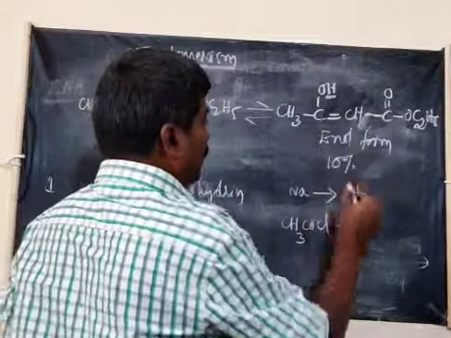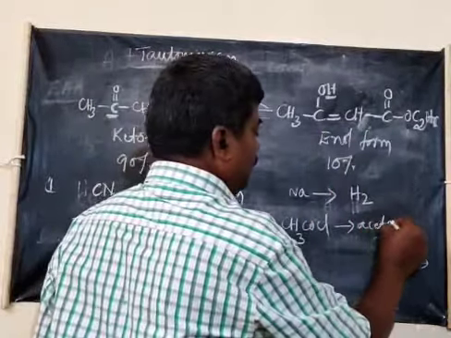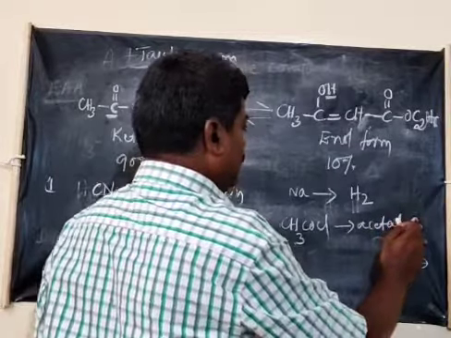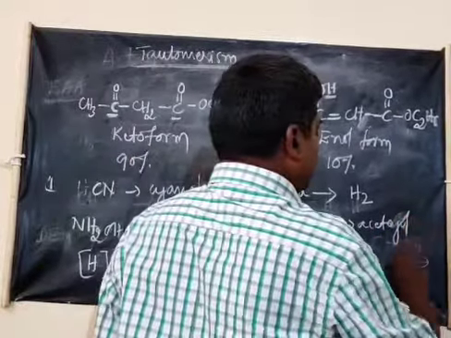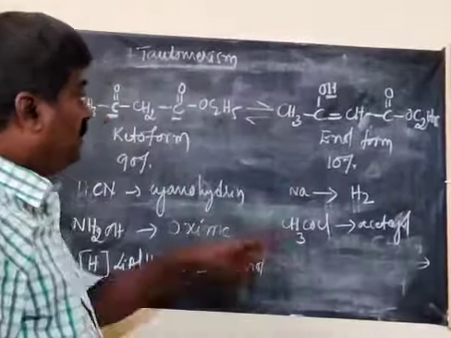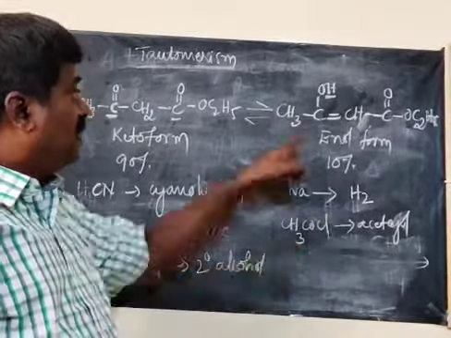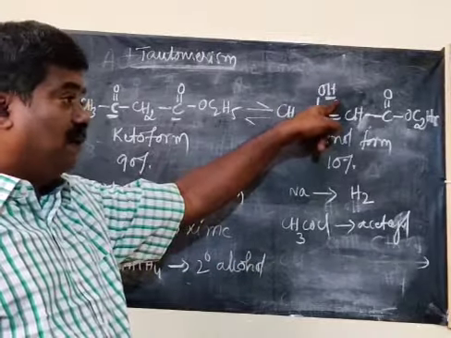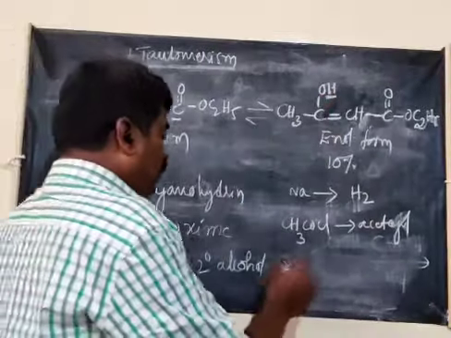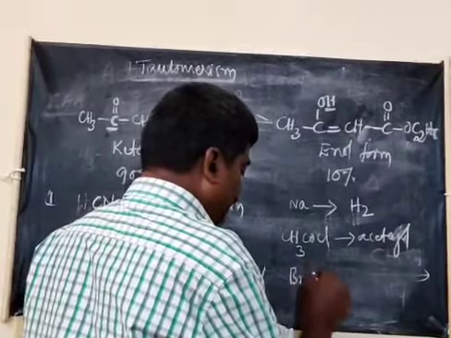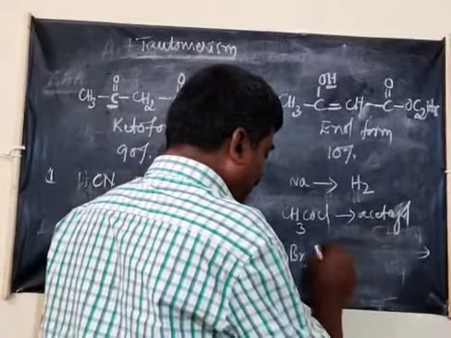See, the respective acetyl compound. So that means the hydrogen atom is replaced by the COCH3 group, which confirms the presence of an OH group. Similarly, if you treat with bromine water, what is the color of bromine water?